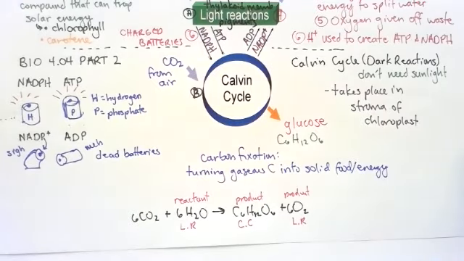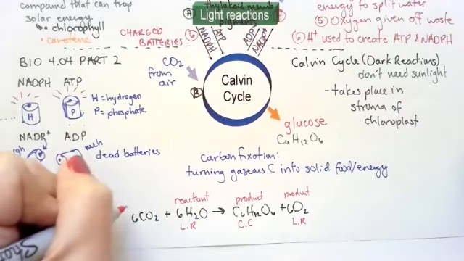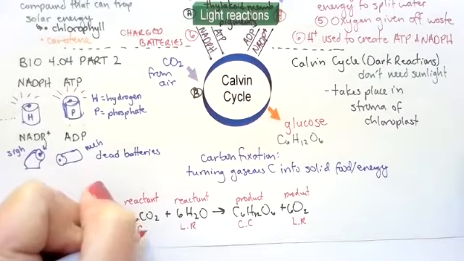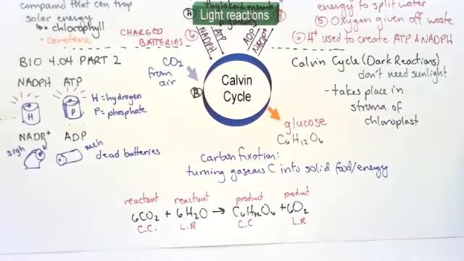So it turns out that carbon dioxide is a reactant in the Calvin cycle. So we could split this out into two equations if we wanted to.